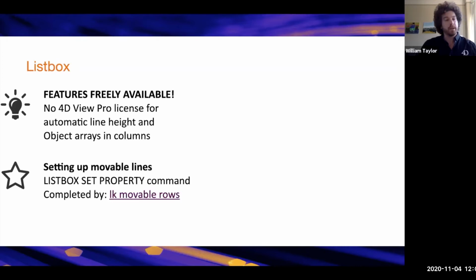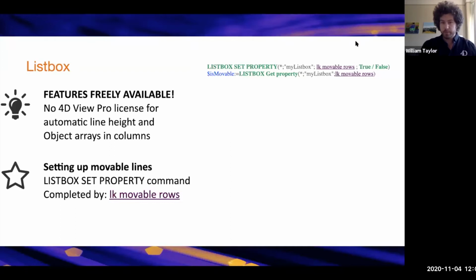But now we've completed the feature and added the following properties to the Listbox properties, LK movable rows. You can now set them programmatically, true or false. And we've also added a getter command, that's LISTBOX Get property, with the specific constant LK movable rows. The setters and getters were already there, just the movable rows is new.